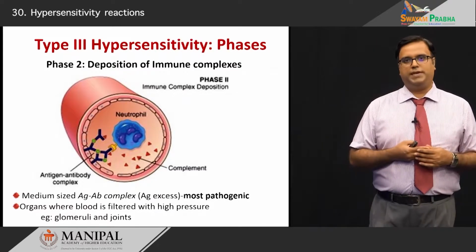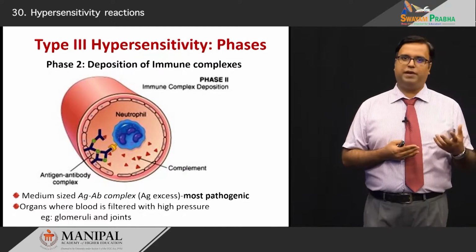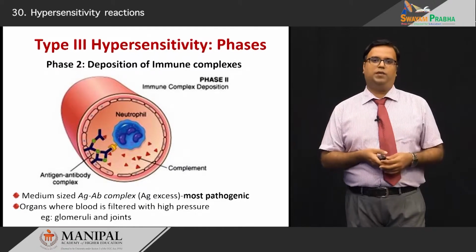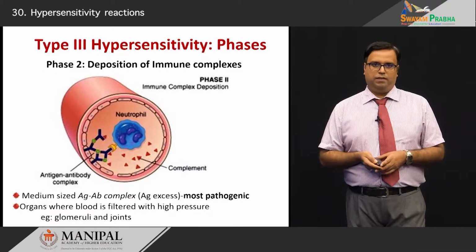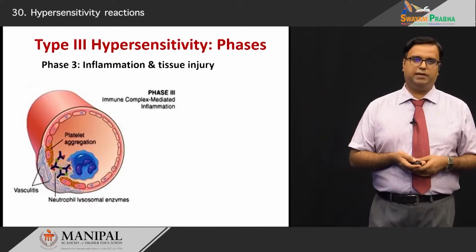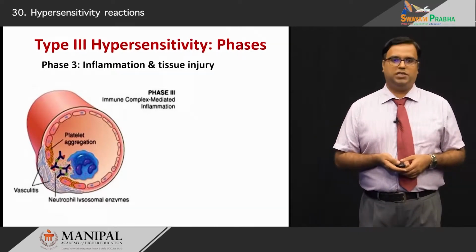Of course, not surprisingly, you will have examples such as glomerulonephritis and also arthritis as clinical examples for type 3 hypersensitivity reaction. Now the last, phase 3 of hypersensitivity type 3, has to do with inflammation and tissue injury.